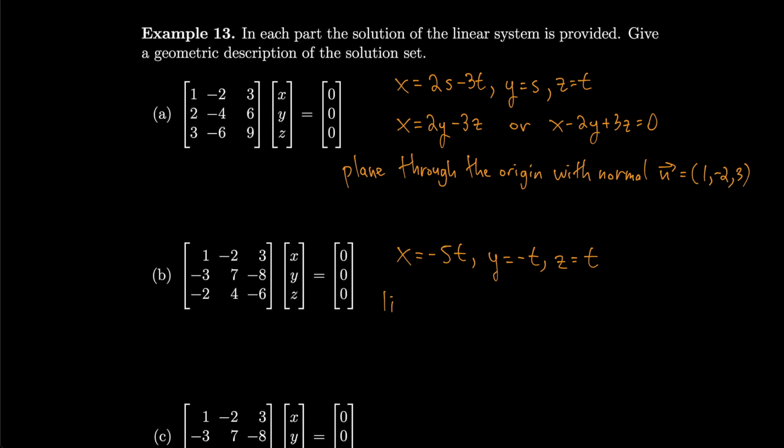You should recognize that as a line through the origin, because those are the parametric equations of a line through the origin that is parallel to the vector v with the coefficients as its coordinates. So (minus 5, minus 1, 1).